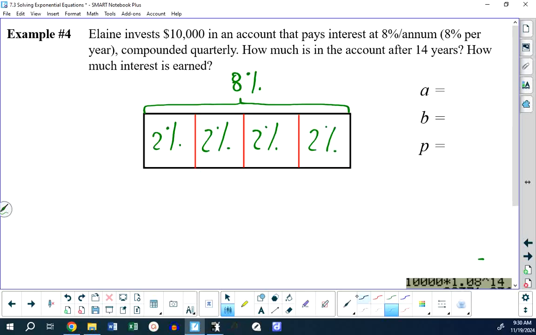And if it were compounded monthly, and we took 8 divided by 12 and got 0.6 repeating, then she would get 0.6666% at the end of every month.